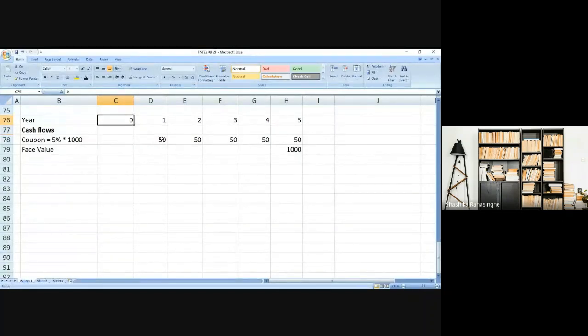Now, the moment you see cash flows which you receive over a period of 5 years, and let's say your discount rate is 10%, it's called the yield.